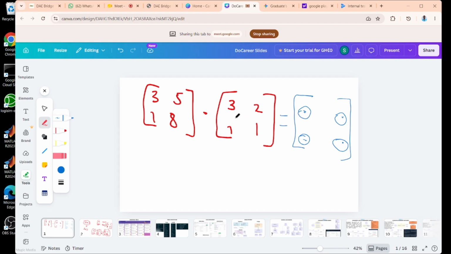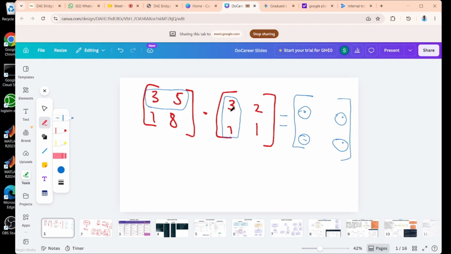So what you do is, to find this first element, you take this row to multiply this column.